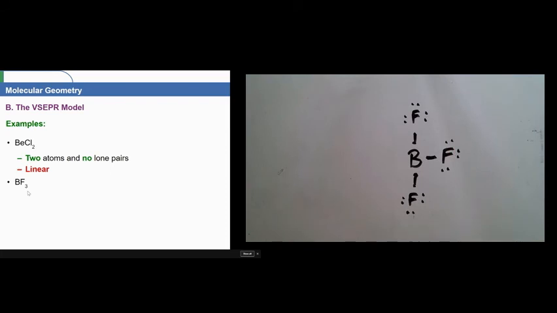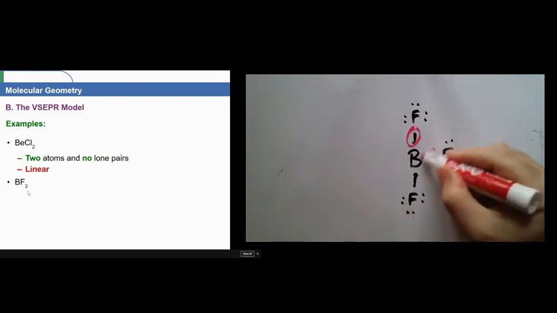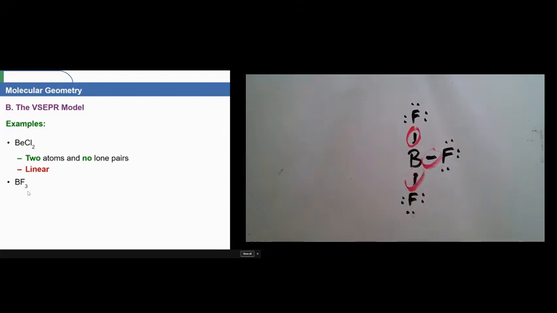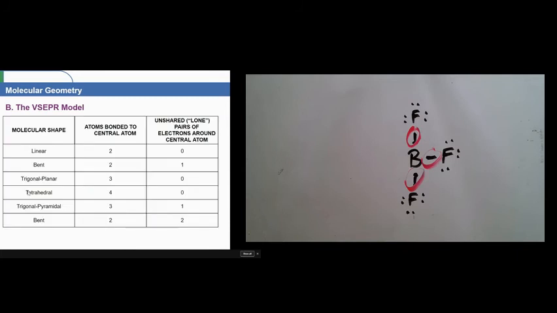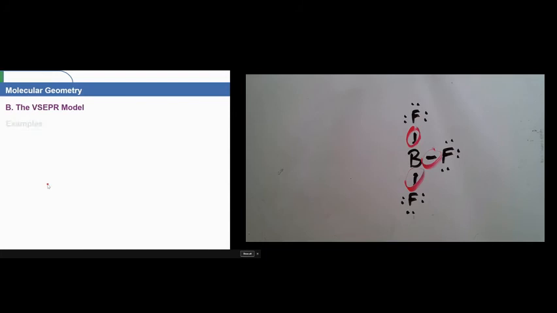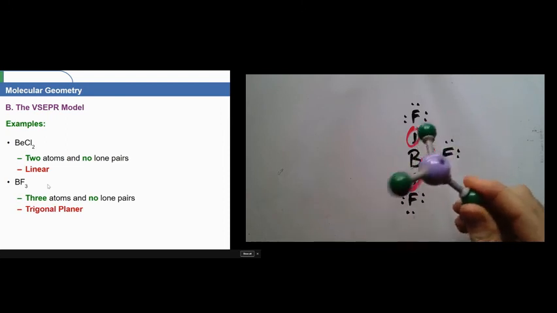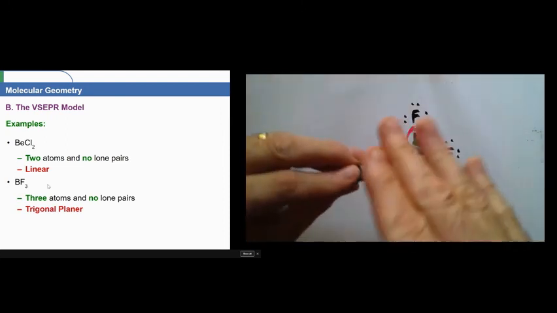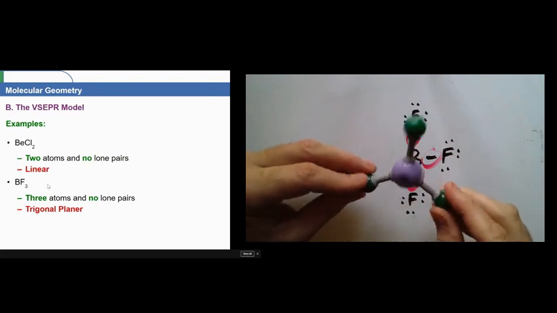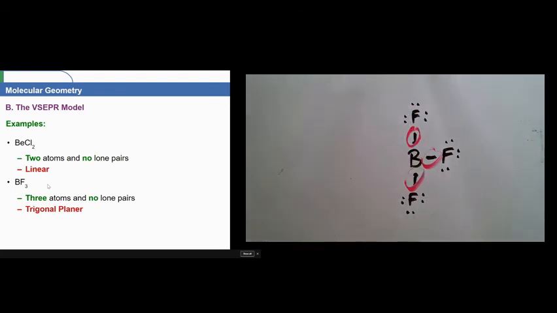Now again, I count. I got 1, 2, 3 bond groups and 0 unshared pairs. So if we go back, we see that 3 and 0 would be trigonal planar. And so it is. That's what this guy would look like. There's no electrons on the top and bottom pushing him into a pyramid shape, so it's a planar shape.